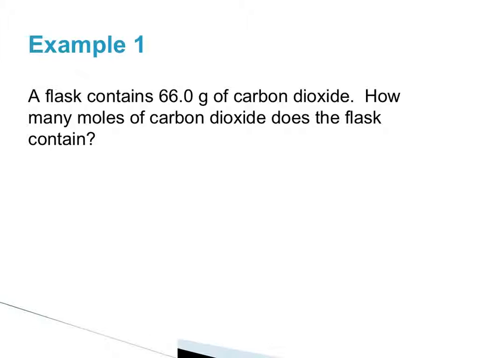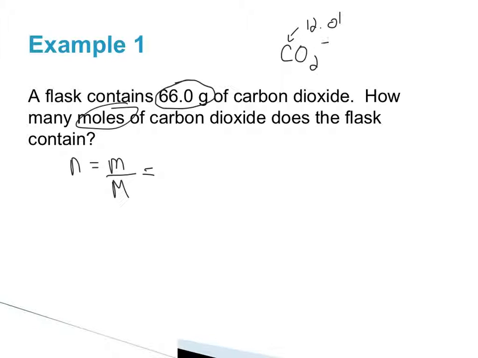So our first example is that we've got a flask with 66.0 grams of carbon dioxide, and we're asked to find how many moles there are in the flask. The formula we want to use is that the moles is equal to the mass divided by the molar mass. So carbon dioxide has a formula of CO2. To find the molar mass, you're going to add up carbon, which is 12.01, and oxygen, which is 16.00, multiplying that by 2.